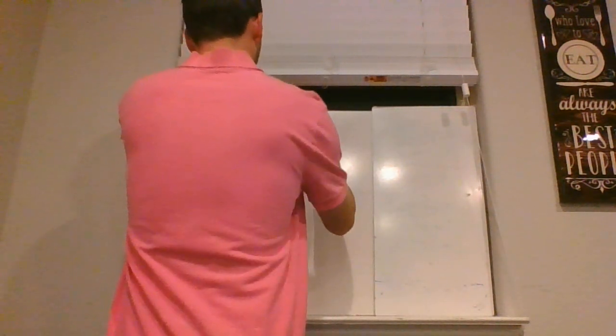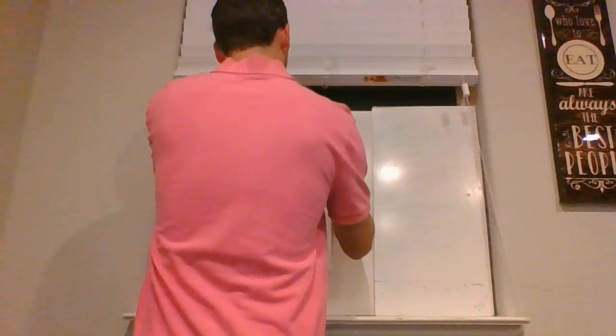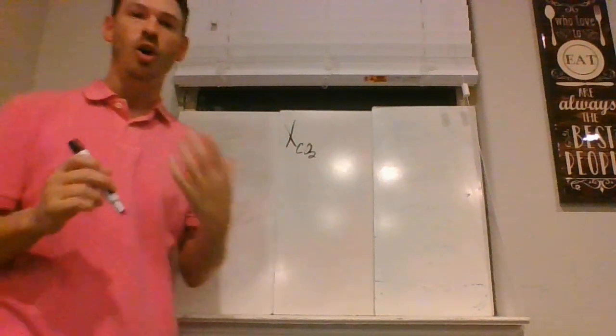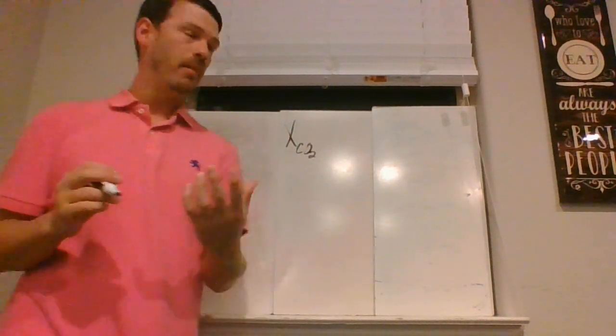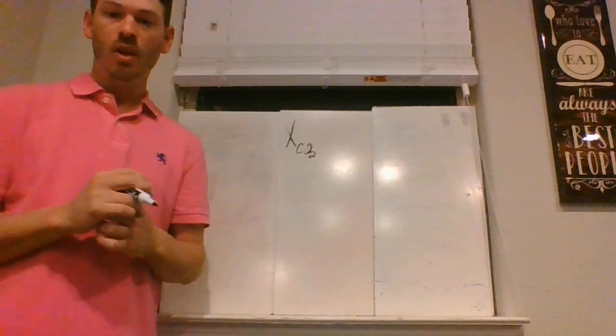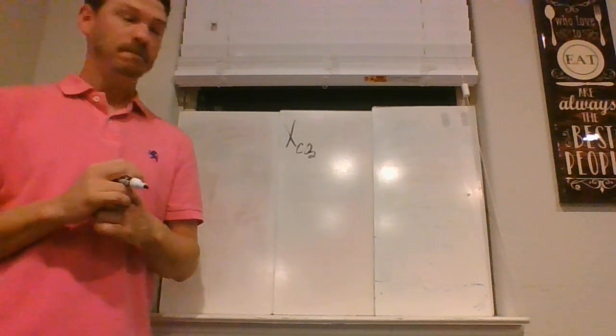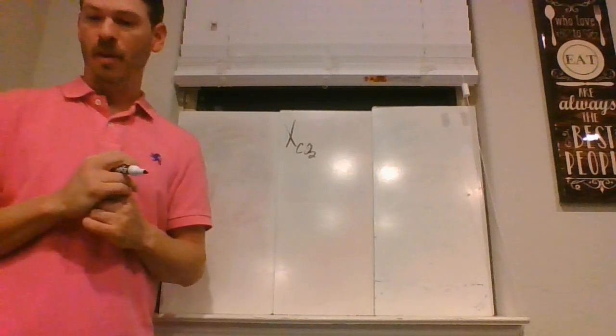If I wanted to find the mole ratio of one of those, let's say carbon dioxide, we would write X of CO2, because this X is always going to represent the mole fraction. Just have that in your memory.